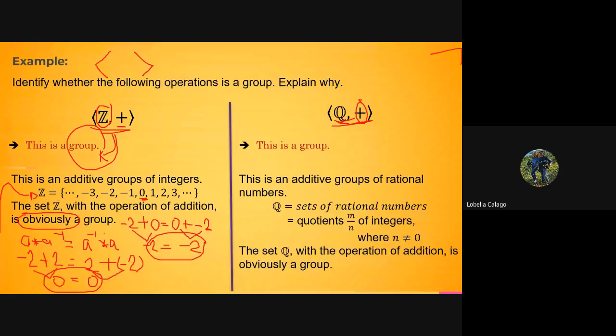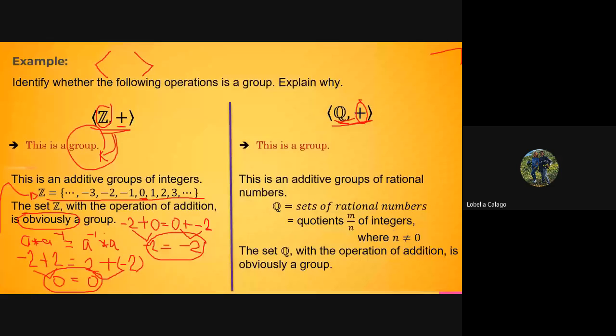Pero where n is not 0, so ibig sabihin, hindi po kasama si n dito as a 0, if m to be not equal to 0. So, later on, i-solve natin yan. Pero sinabi dito that the rational numbers with an operation of addition is obviously a group. Kasi makikita natin, yung lahat ng ating output, the identity element, and the inverse can be found inside the set of rational numbers. So, later on natin i-discuss.